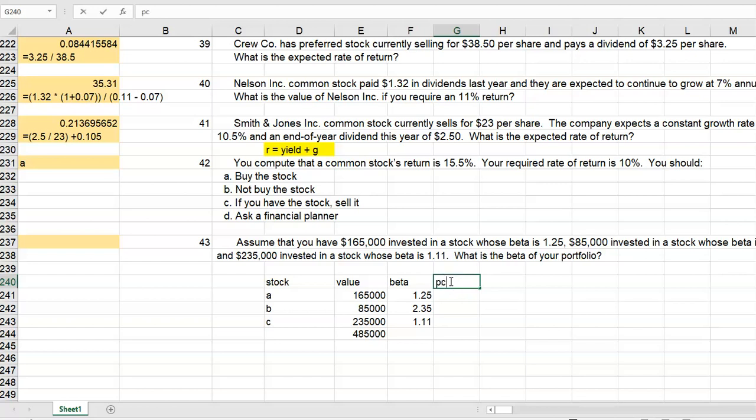So now I say, well, what percent of the portfolio is this? It's equal to that one divided by the total. It's equal to that one divided by the total. And this one's equal to that one divided by the total. If I add these up, it should be 100%. It is.